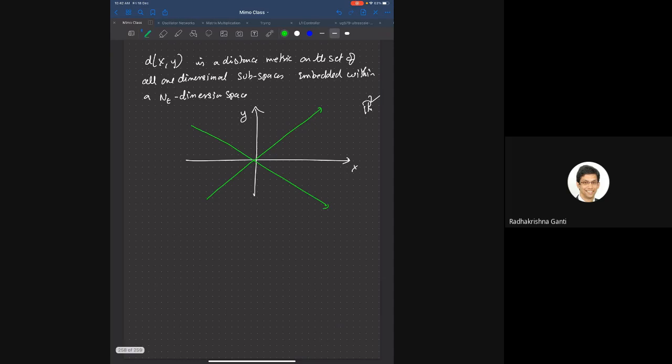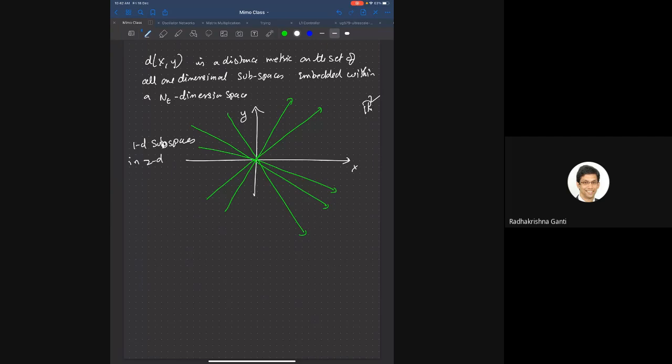Yes, any line that can pass through this origin is a one-dimensional subspace. So now you take the collection of all these subspaces. This is an example of 1D subspaces in 2 dimensions.